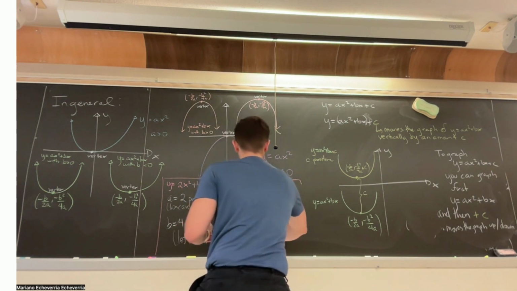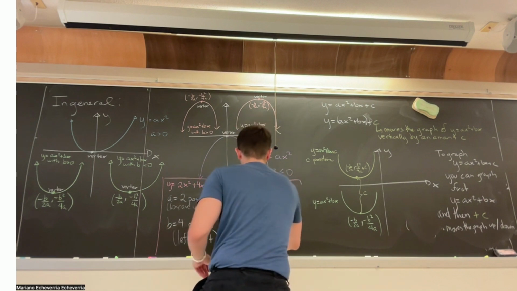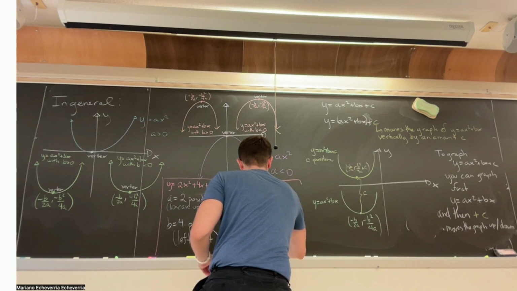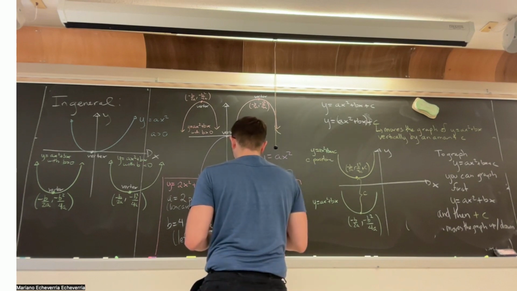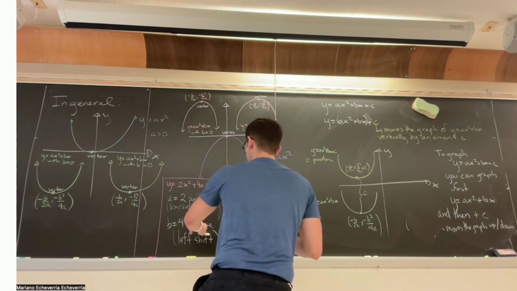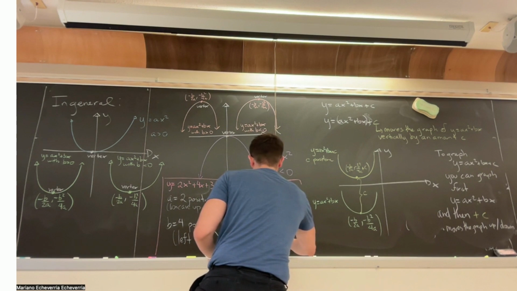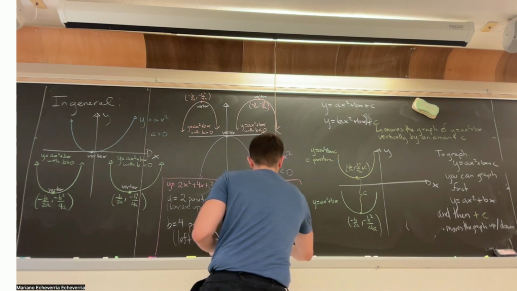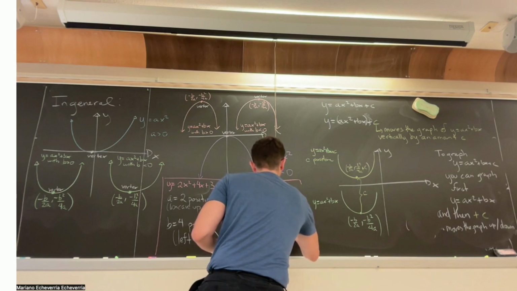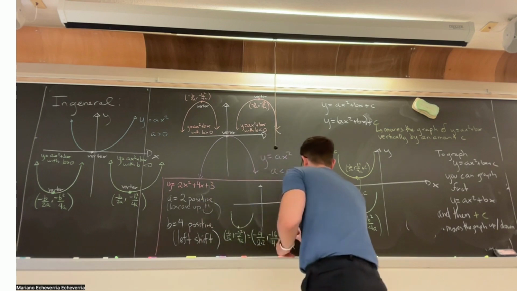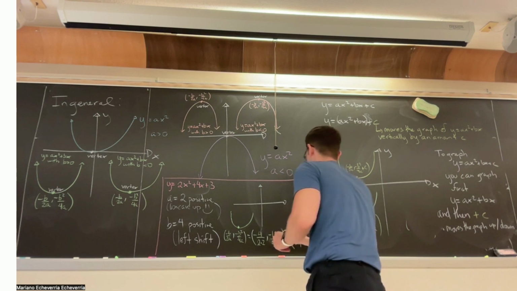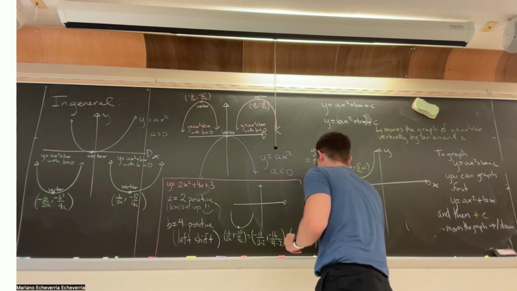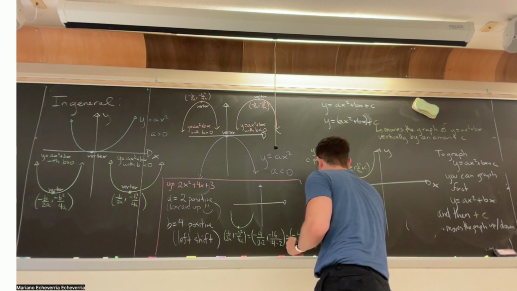So minus b, b is 4, so it's minus 4 over 2 times a, which is 2 times 2, comma, b squared is 16, so minus 16 over 4 times a, which is 4 times 2. This gives you negative 4 over 4, and negative 16 over 8, which is negative 1 comma negative 2.